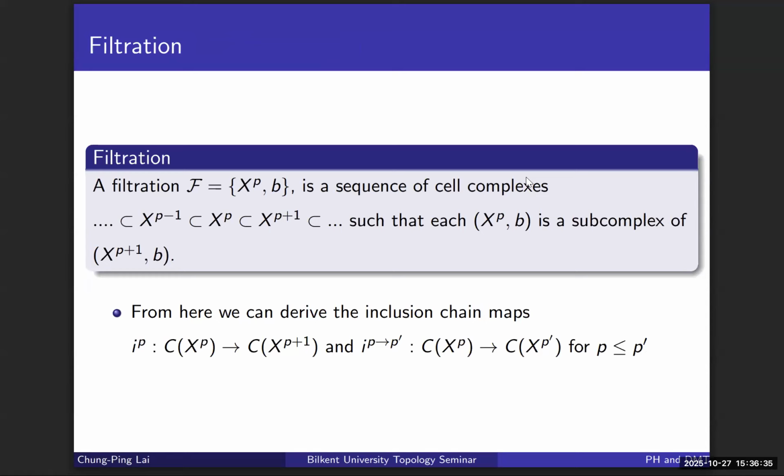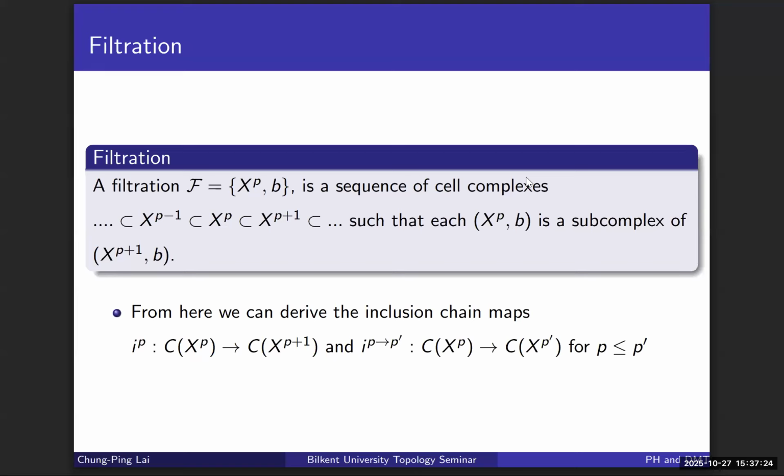We use a superscript p to denote which of them it is, and we want the sequence to be nested, in the sense that every complex is a subcomplex of the next, so X^(p-1) ⊂ X^p ⊂ X^(p+1). Importantly, even though we have an increasing number of cells as we go up the sequence, we can use a single boundary incidence function for all the complexes. That's how this filtration works.